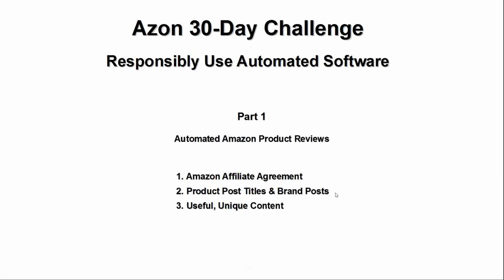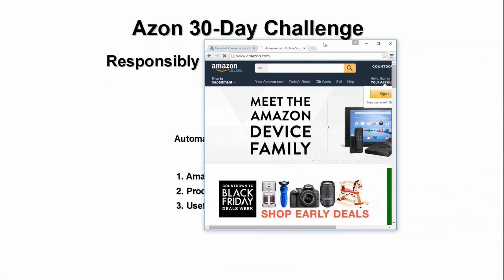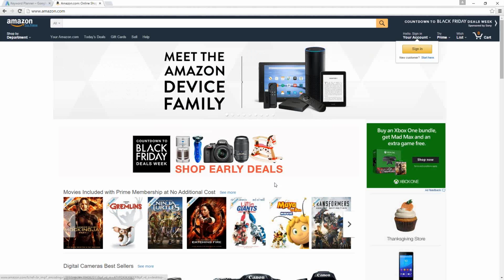The next thing I want to talk about having to do with this is the titles of these product pages that are generated by this software. Ultimately, what you have on Amazon, let me pull up an Amazon page here for you.